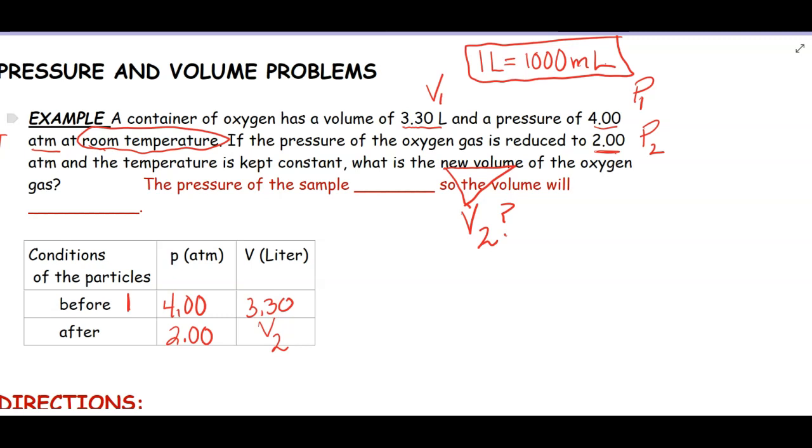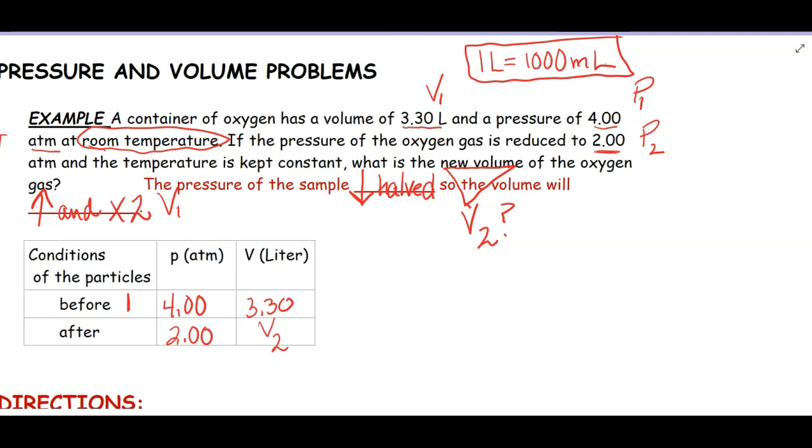All right, it went down. It was halved from 4 to 2. So the volume will go up, and it should be twice as big. Twice the original volume. So let's go see if that's true.